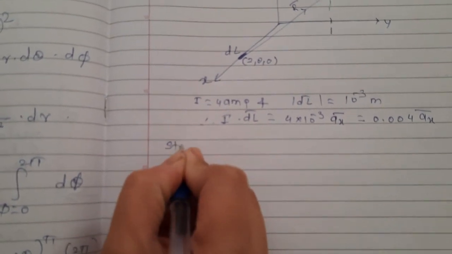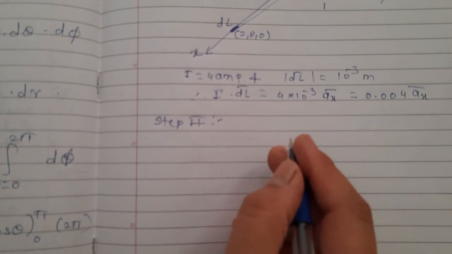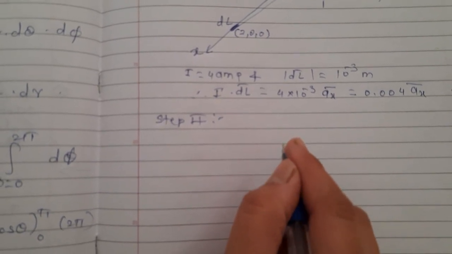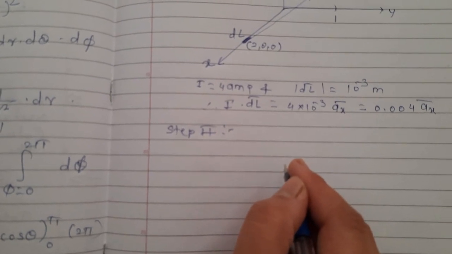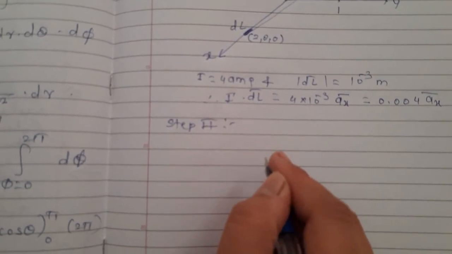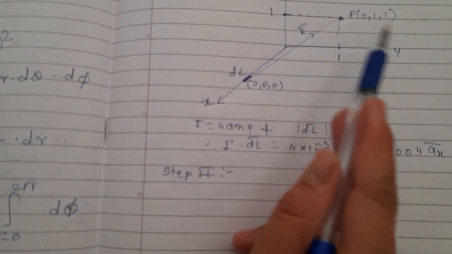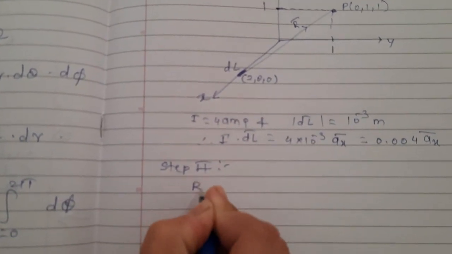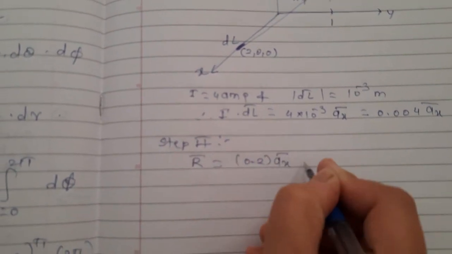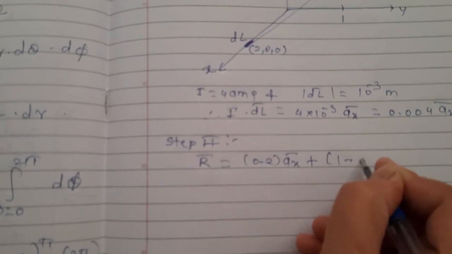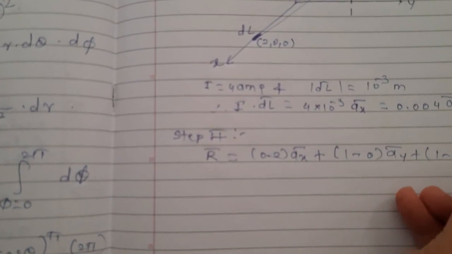Now next is step 2. Now what is step 2? Here the point at which we have to calculate magnetic field intensity is at (0, 1, 1). Now from figure, the vector R bar is the vector drawn from point (2, 0, 0) to point P, that is (0, 1, 1). So from that we can find R bar as (0 minus 2) AX bar plus (1 minus 0) AY bar plus (1 minus 0) AZ bar.